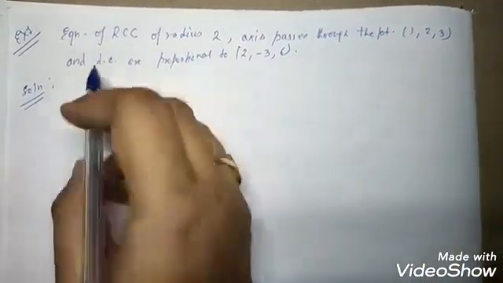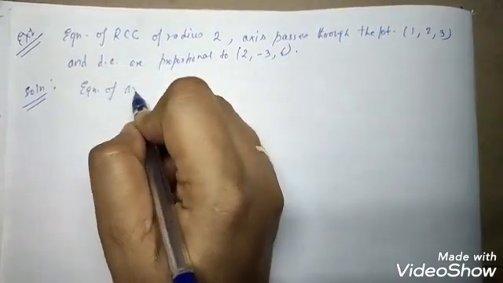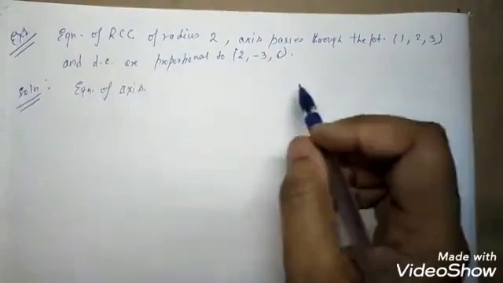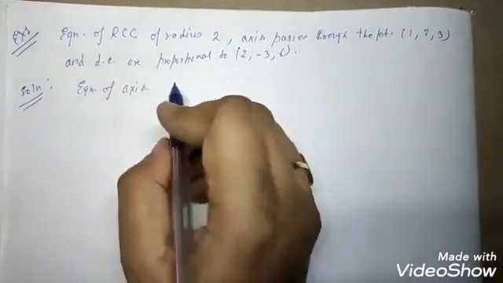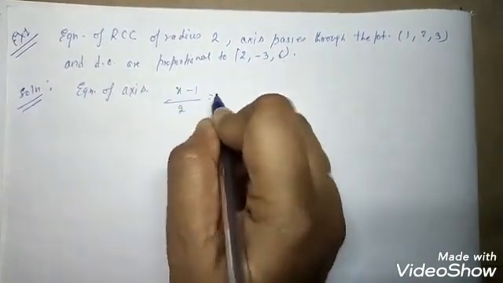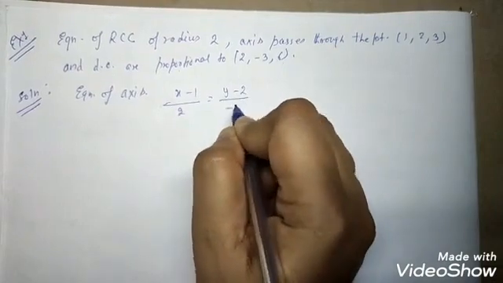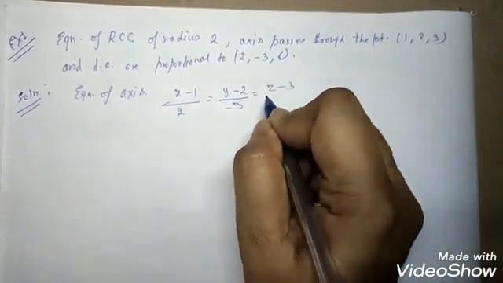Now the equation of the axis passing through the given point and having direction cosines proportional to 2, -3, 6 will be (x minus 1) upon 2, (y minus 2) upon -3 and (z minus 3) upon 6.